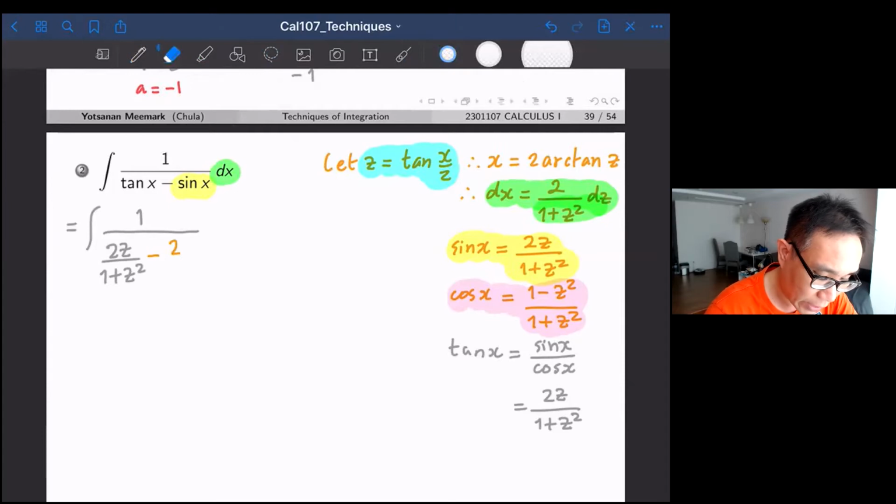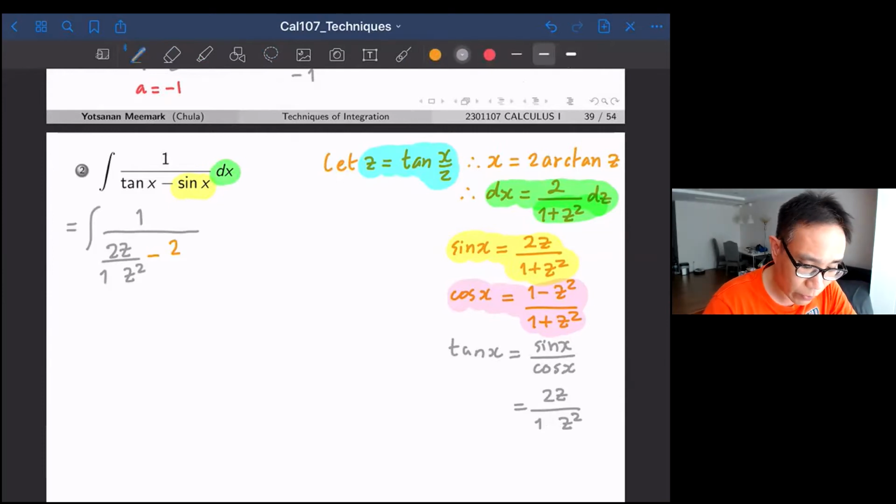I made a mistake again. So this one is going to be 1 minus, not 1 plus. So this one will be 2z over 1 minus z square. Okay, so you get rid of these two guys. The thing that you have left is going to be minus sine. So you have 2z over 1 plus z square, and this one will be minus sine.